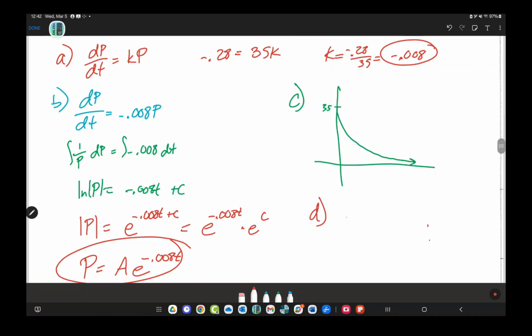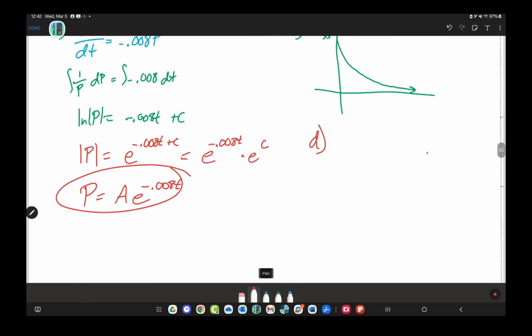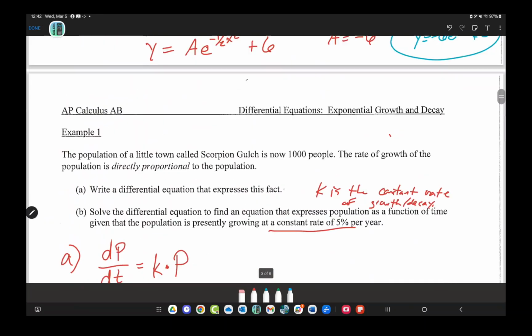Oh wait, we never finished part A or B, did we? What was the initial value? 35. So P is equal to 35 e to the negative 0.008t. The only reason I can automatically replace A with 35 is because they gave me 0, 35, and I don't have any other constants being added or subtracted to the function like I did with this question up here.